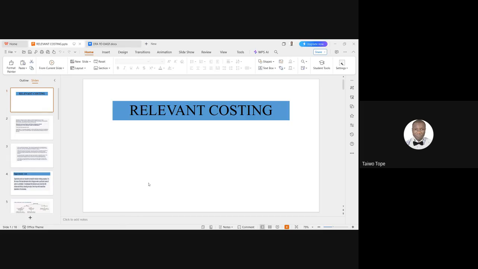You have to study to know what the principles are in relation to relevant costing. It's not something difficult, but you must be very patient to read between the lines to know what a particular question is talking about.